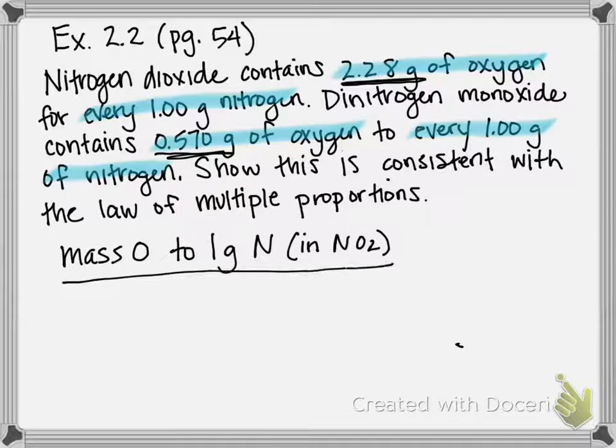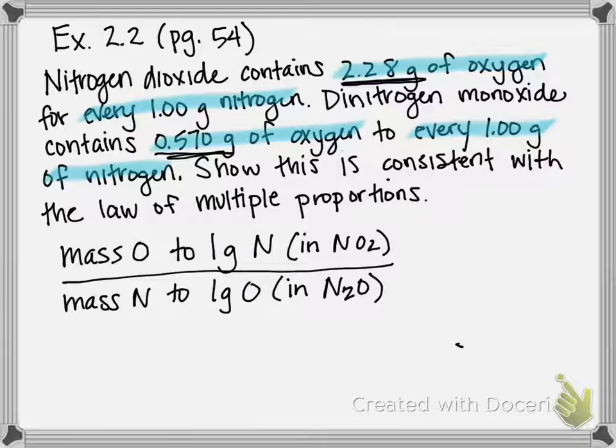And then on the bottom, we're going to have the mass of oxygen to 1 gram of nitrogen, and that's in dinitrogen monoxide, as stated in the problem.